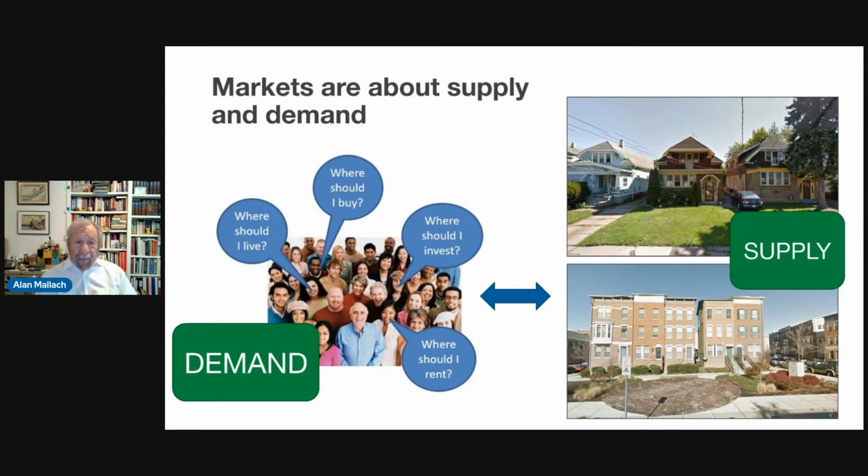The demand is the sum of all of these people in the picture and more making decisions about where they should live, where they should buy a house, where they should rent, or where they should invest their money. And the relationship between the two is what defines a market.